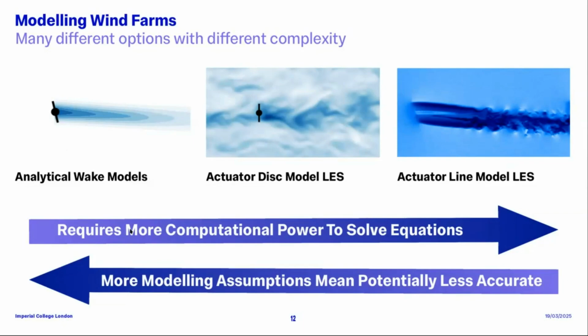And so as we go through these, the more modeling assumptions that we make, the less accurate it potentially may be. But as we increase the fidelity, we also are increasing the computational power required for these simulations.